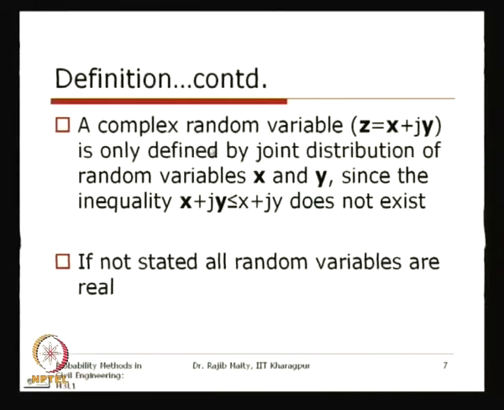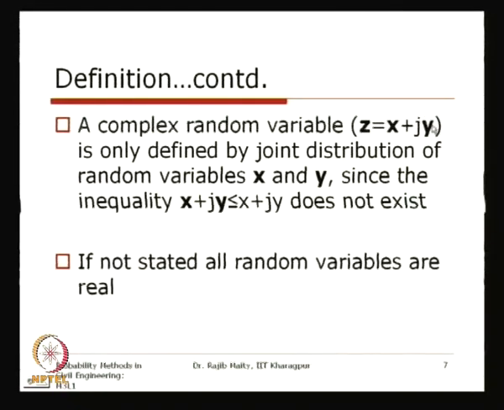This random variable is defined only by the joint distribution of X and Y. This joint distribution will be discussed later in this course. But for the time being, you can say that this joint distribution is generally obtained from the distributions of both X and Y.